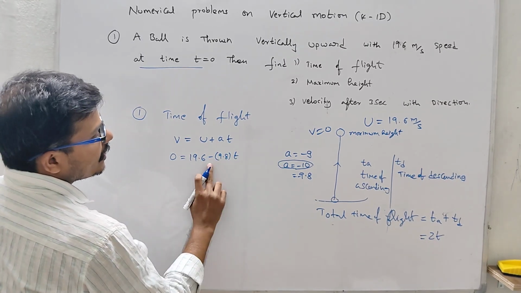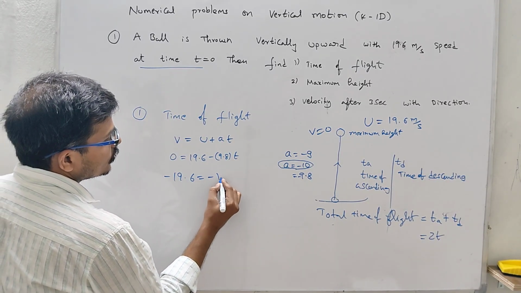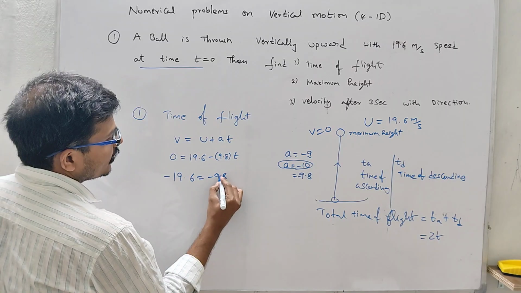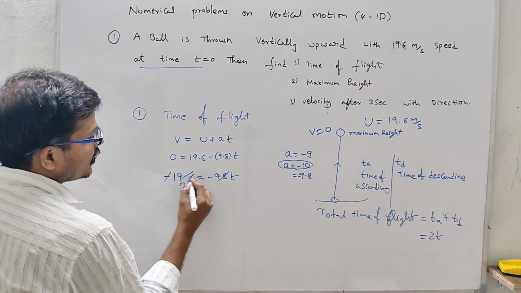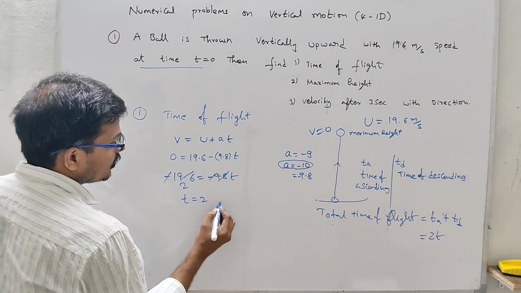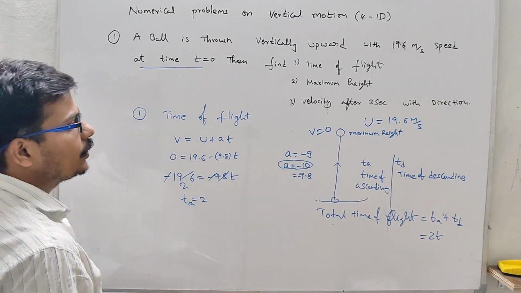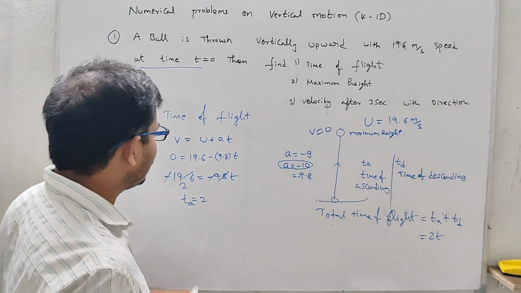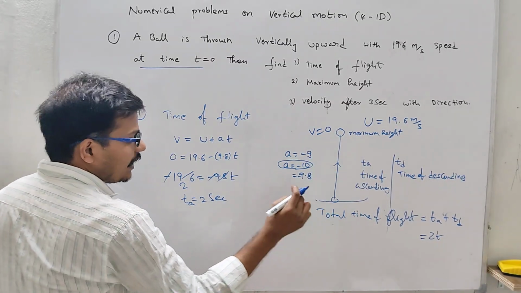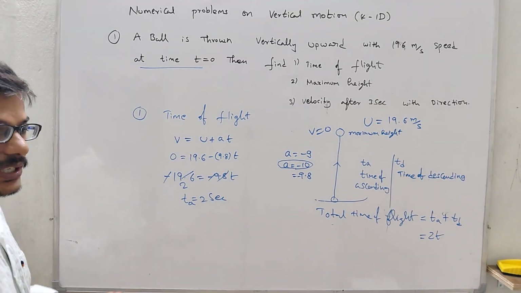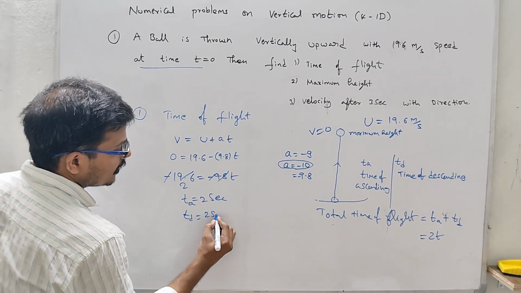So 0 equals 19.6 minus 9.8 t, giving 19.6 equals 9.8 t. The 9.8s cancel, so the time of ascent to reach maximum height is 2 seconds. To reach the ground it is also the same, so the time of descent is also 2 seconds.